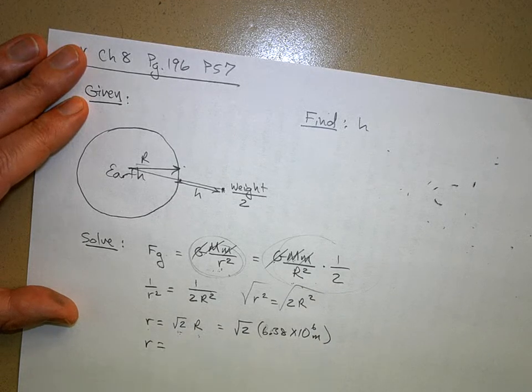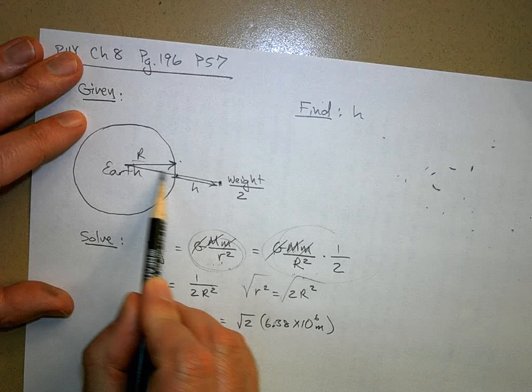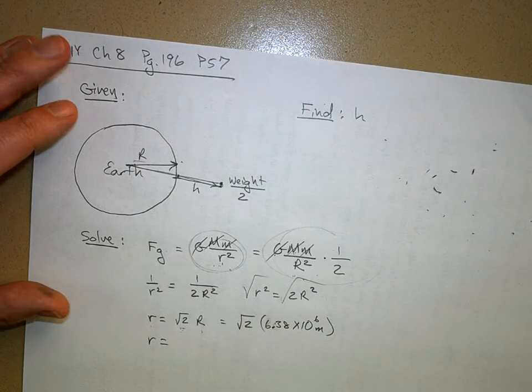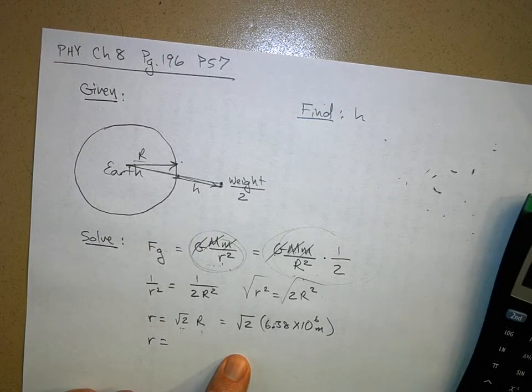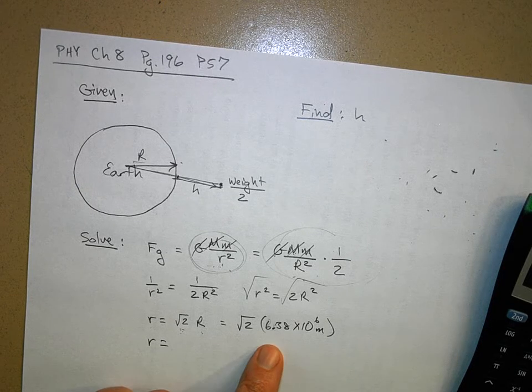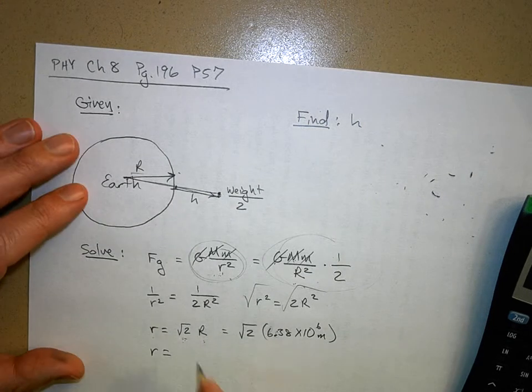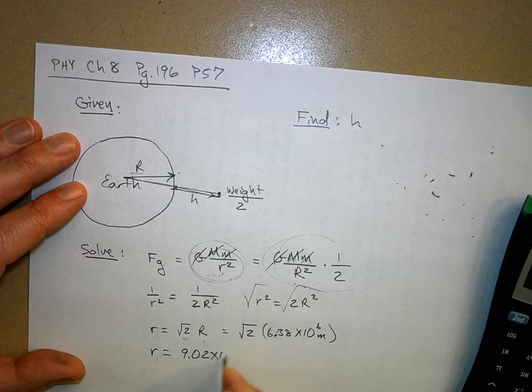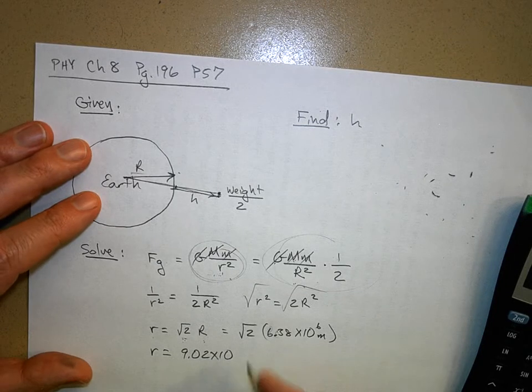So r, from the center of the Earth out to where my weight is half as much, is equal to the square root of 2, which is 1.4142, times 6.38 times 10 to the 6 meters, and I get 9.02 times 10 to the 6 meters.